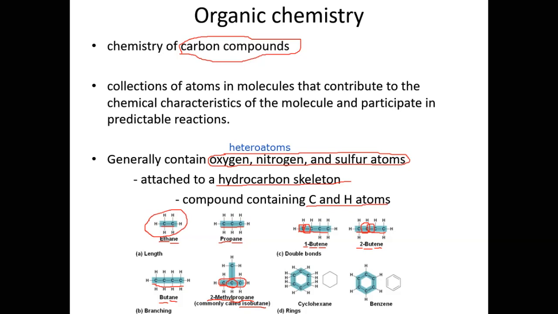Another type of compound we can have in organic chemistry are ring compounds, so compounds that form a ring. So here, for example, if we look at this ring, we see it has 6 carbon atoms. So 6, again, we use the prefix hex.